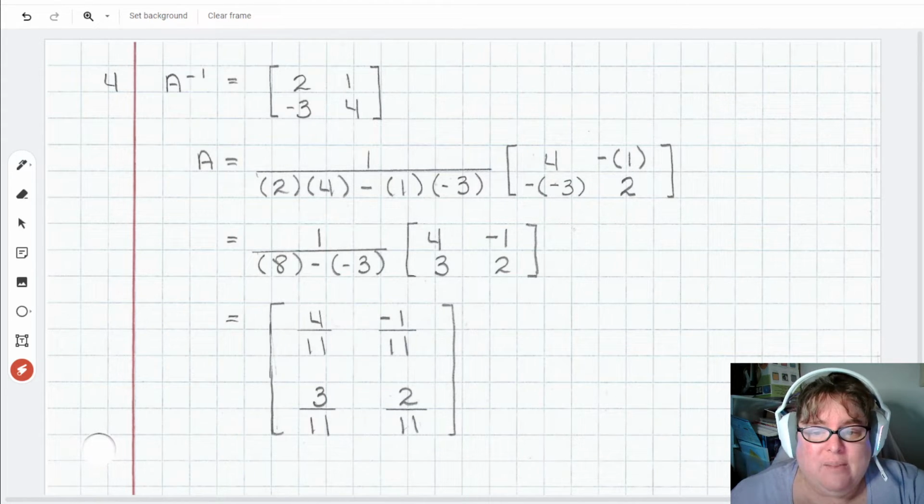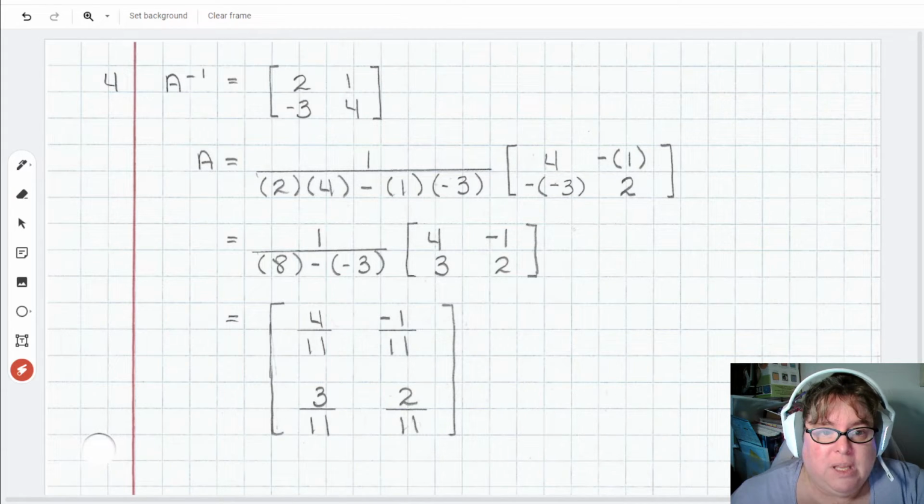You multiply that by each individual position of the matrix, and you end up with 4 over 11, negative 1 over 11, 3 over 11, and 2 over 11. And that would be your A. This is the A matrix. So this would be your original matrix.